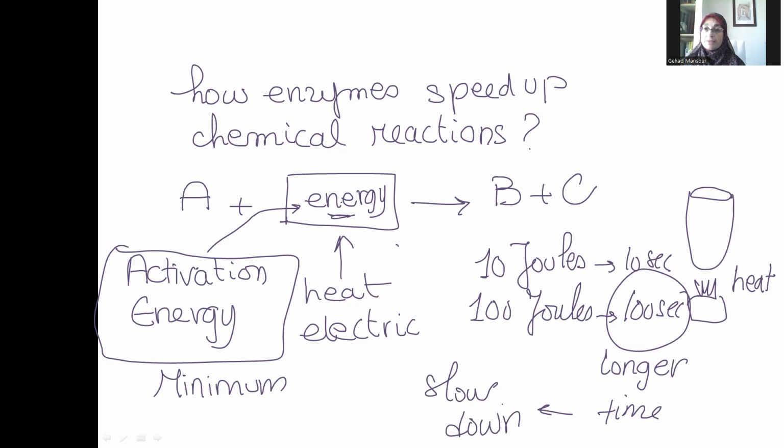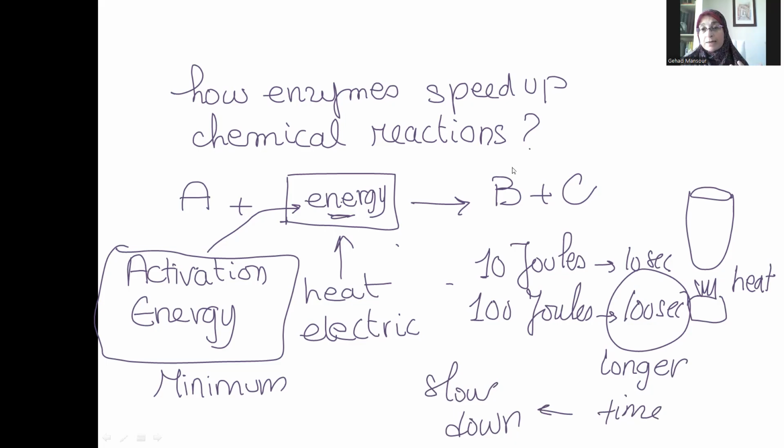So it makes sense that enzymes, which are by definition molecules that speed up chemical reactions, would definitely want to lower the activation energy. For example, as we said before, chemical reactions can proceed on their own, but very slowly.